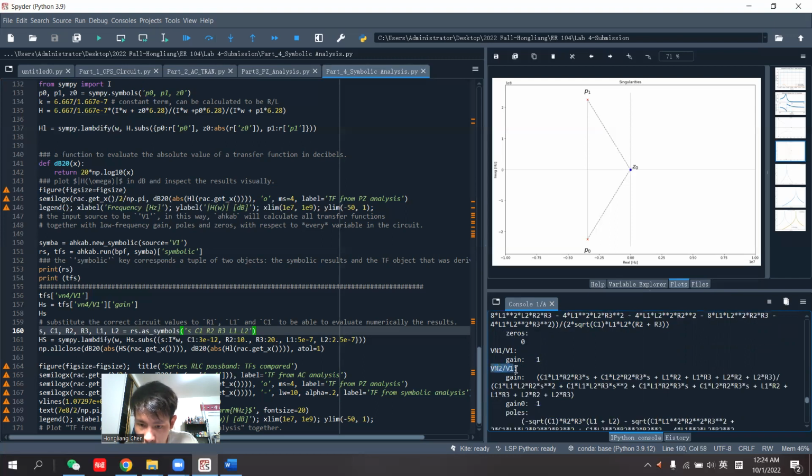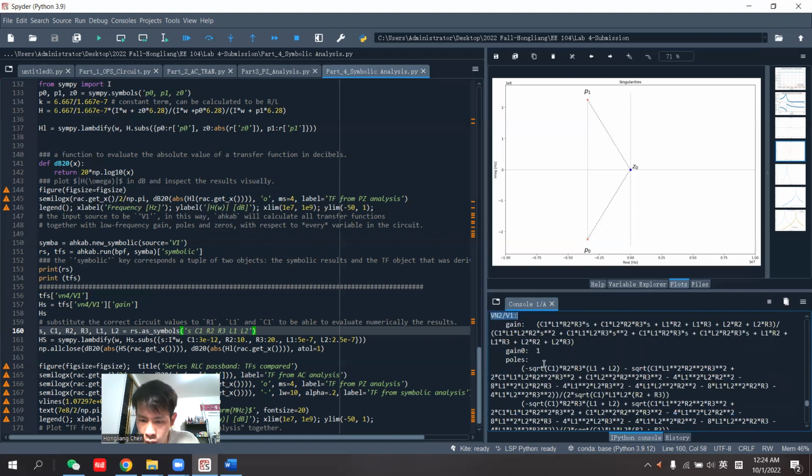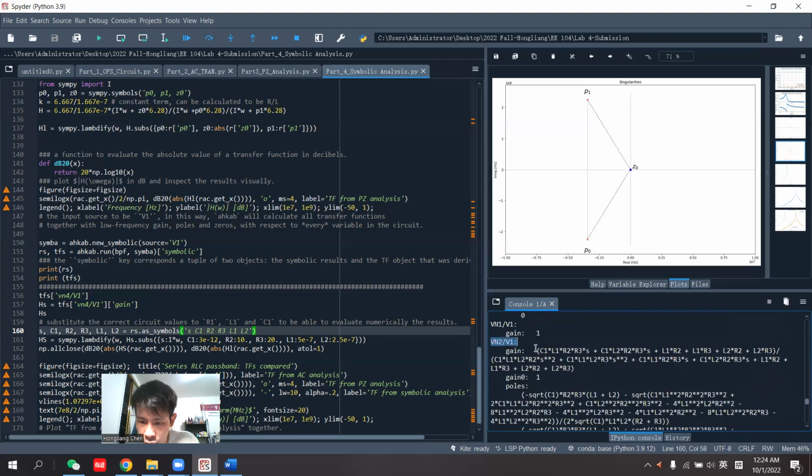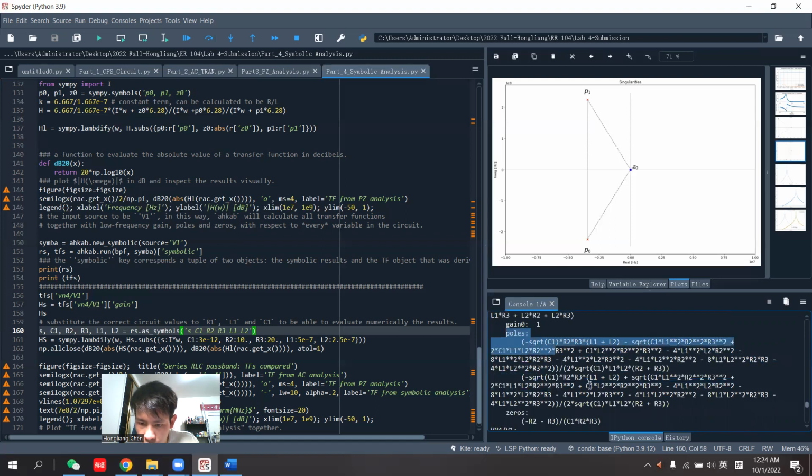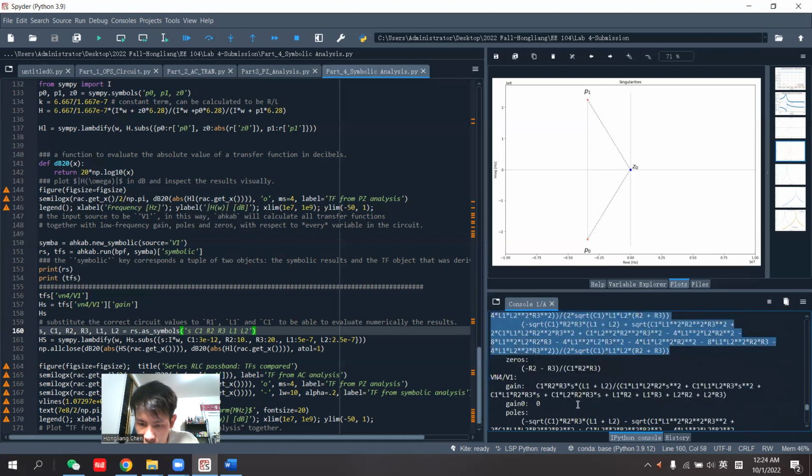And for other transfer functions, like the voltage at node 2 over input, I have the transfer function here, and the gain, and the zero, and I also could find the pole by using these formulas.